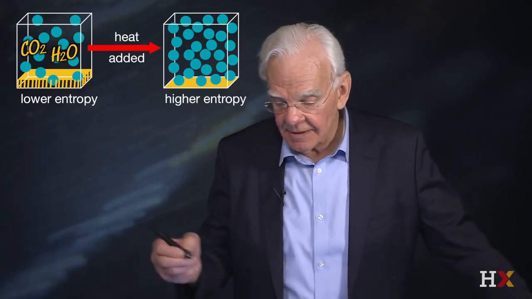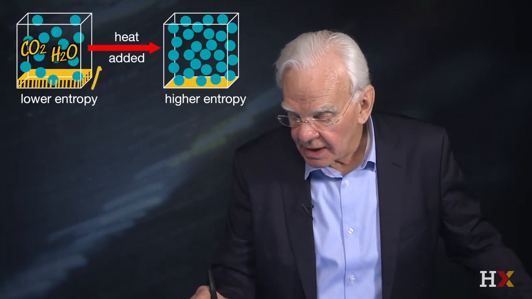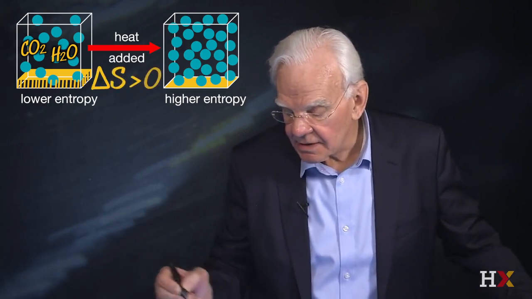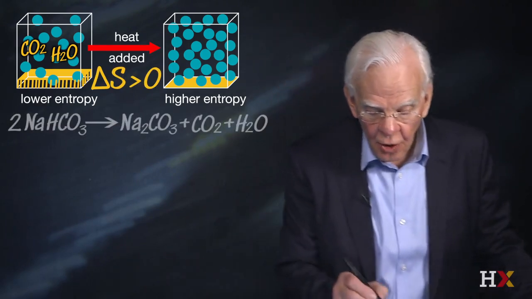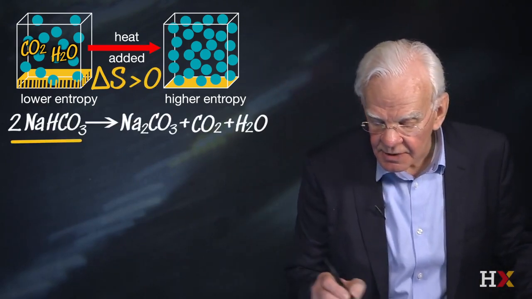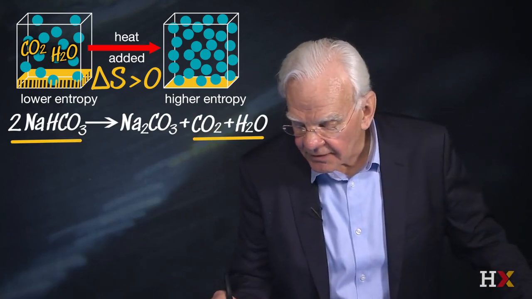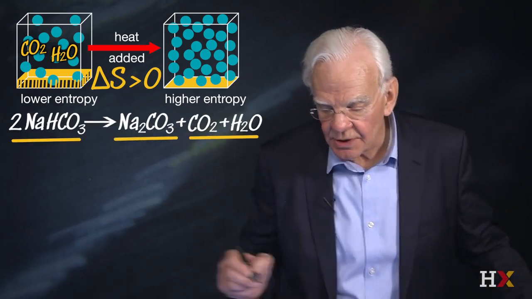So in this case, the change in entropy is immediately obvious. The sign of it is that it's greater than zero, because we've gone from a highly organized solid molecular structure to a combination of gas phase molecules and the residual solid.